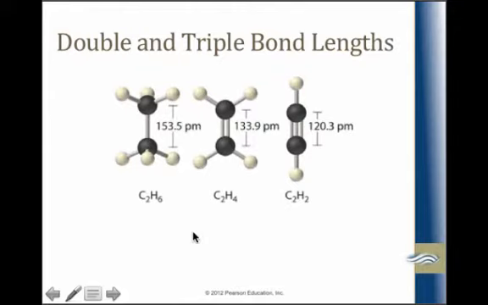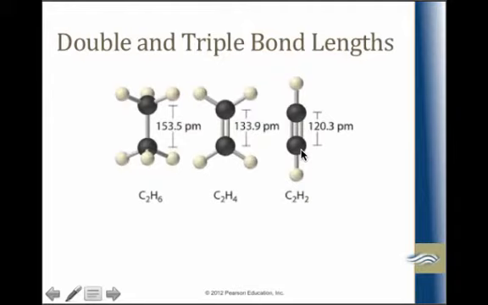This slide is good for showing the bond length differences between the single, double, and triple bonds. Here you have a carbon. The carbon is the black and the hydrogen is the white. And we have a single bond here with a length of 153 picometers. Pico is 10 to the minus 12 meters. Here we have a double bonded carbon double bond, and it has a length of 134 picometers, and the triple bond is 120 picometers.